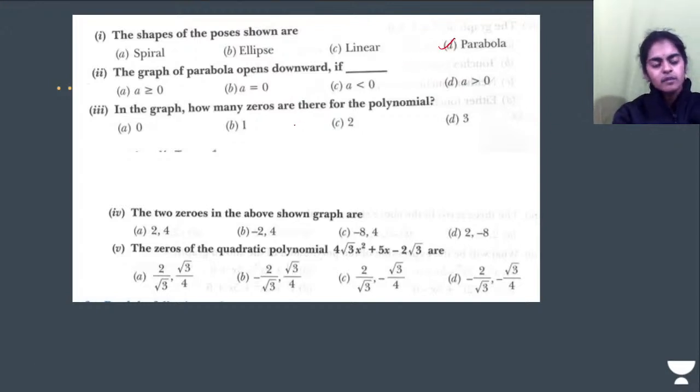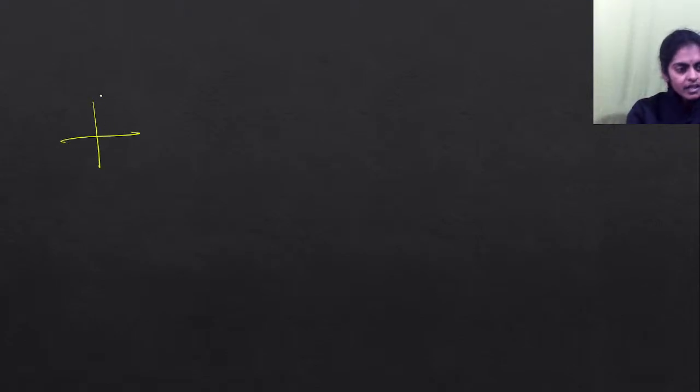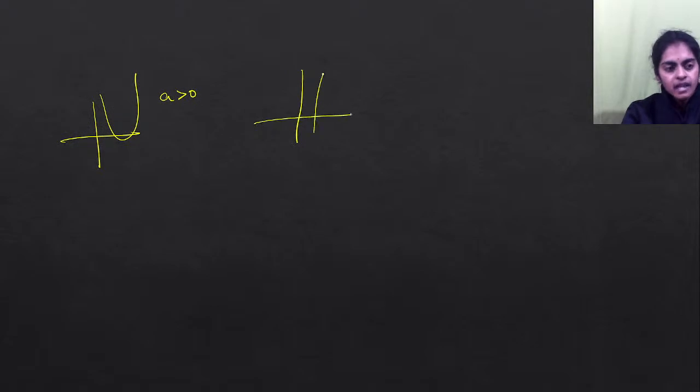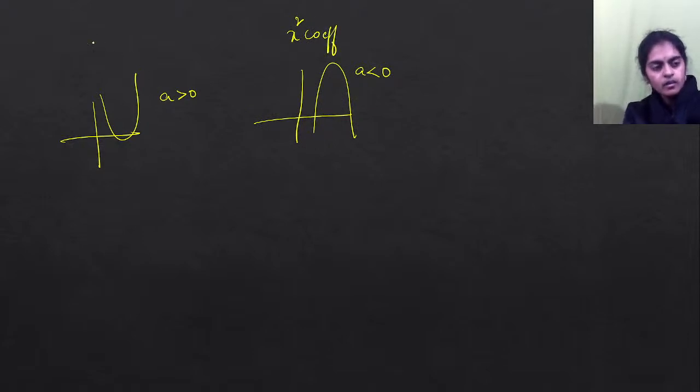The graph of a parabola opens downward if. So here see, in a parabola, if it is an upward curve, then a is greater than 0. Remember beta, if it is downward, then a is less than 0. A is nothing but the x square coefficient. So if the x square coefficient is greater than 0, you will get an upward curve.